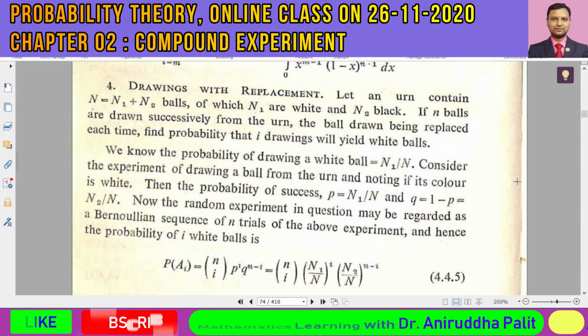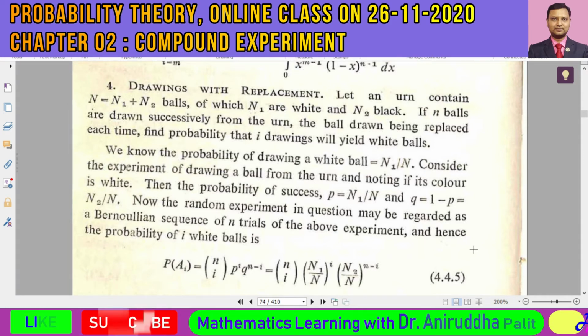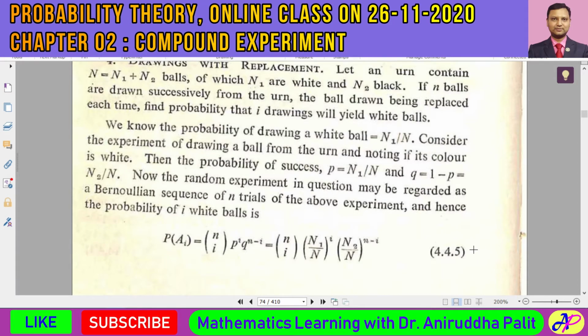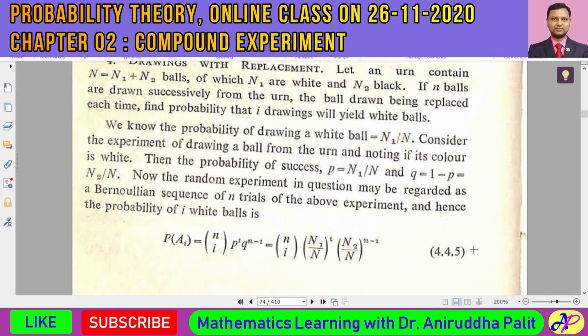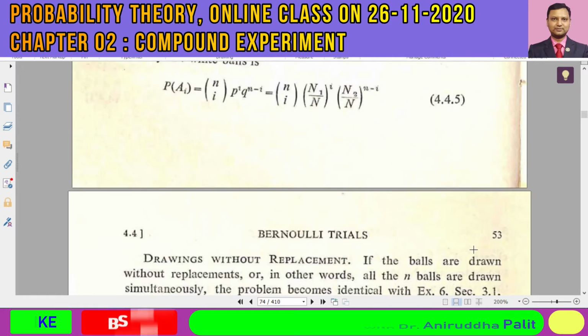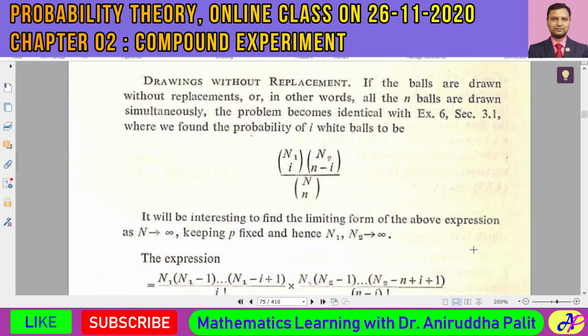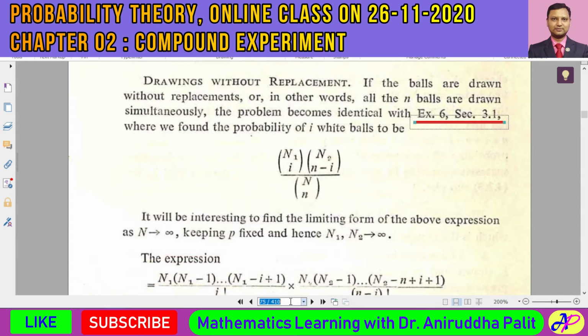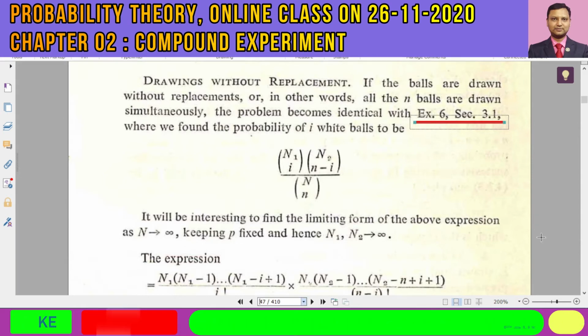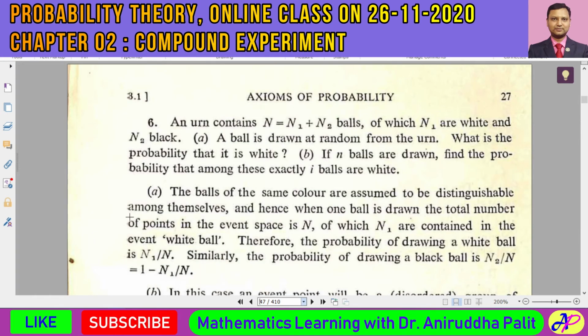We keep it separate. In that case, of course, the total number of balls in each trial would change. That has been discussed in a previous example, example 6 in section 3.1. Let's go back to that example.